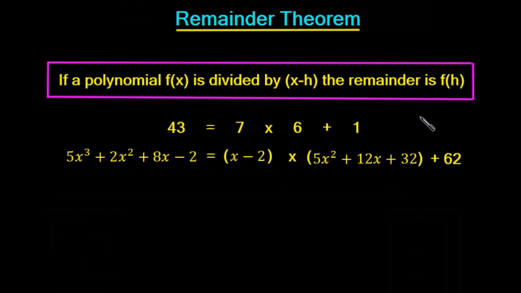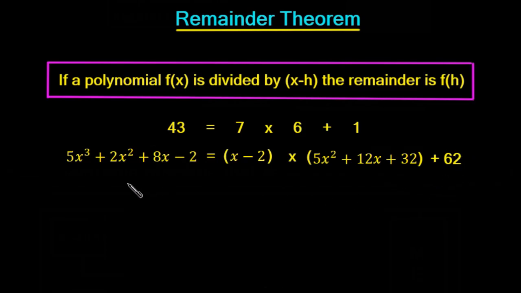But 62 is simply the value that you get whenever you put your 2 into this polynomial. So if I put 2 into here, so I do 5 times 2 cubed plus 2 times 2 squared plus 8 times 2 minus the 2, I'll actually get the number 62.